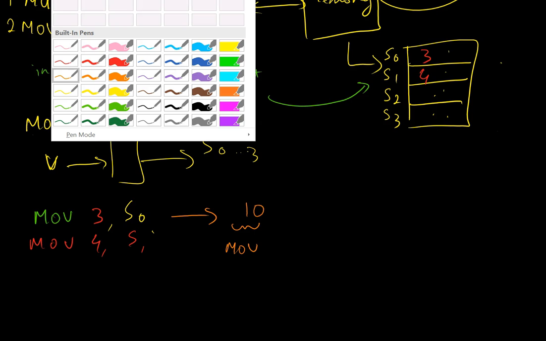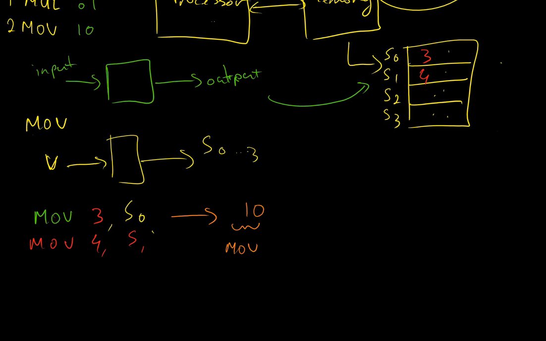So the number 3 is just 0, 0, 1, 1 in binary. That's the binary encoding of the number 3. So 3 in base 10 is equal to 0, 0, 1, 1 in base 2.